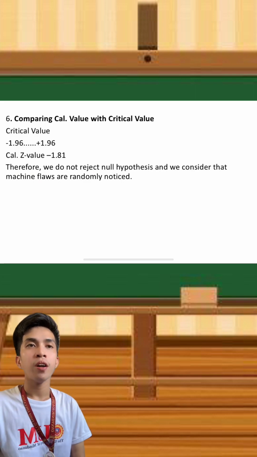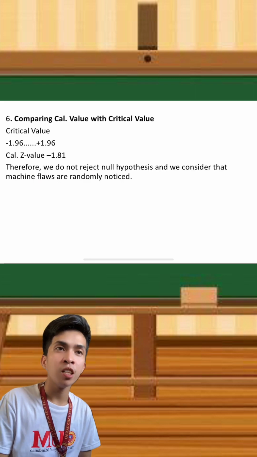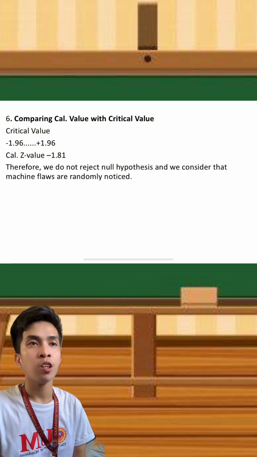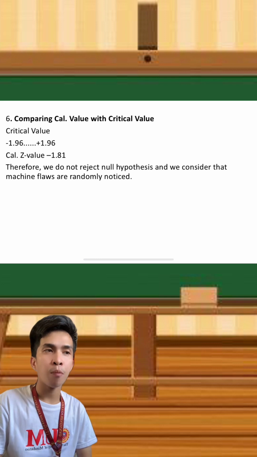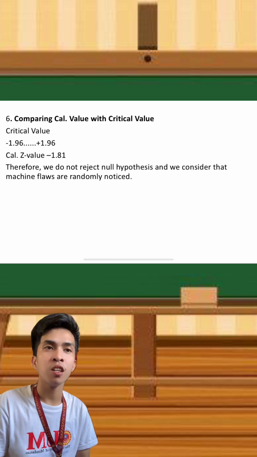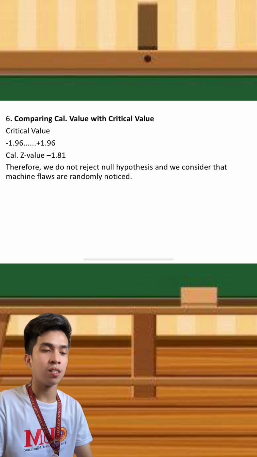Our z value is negative 1.81 while our critical value is 1.96. Therefore, we do not reject the null hypothesis and we consider that machine flaws occur randomly.